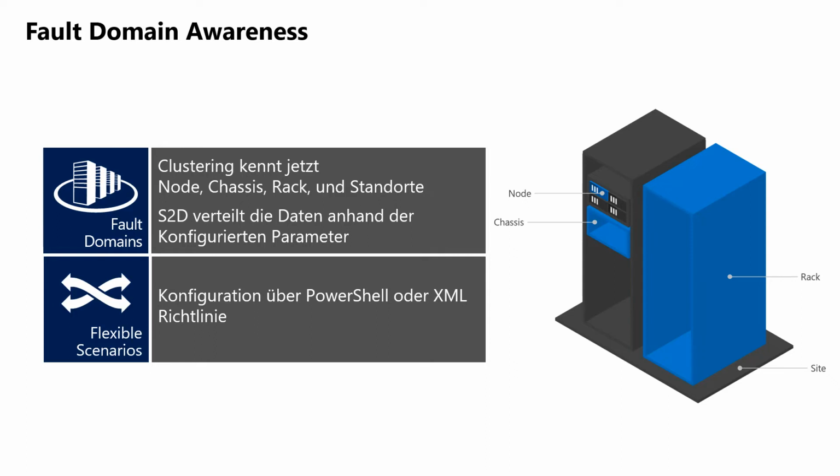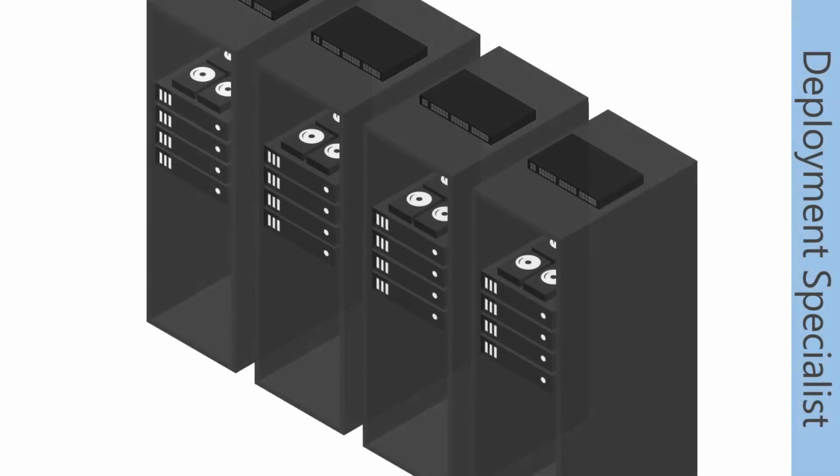When we build, let's say, a rack fault domain awareness, we can build something like this. We have 4 racks, and in each of these 4 racks we have 4 servers. This is the maximum configuration for a Storage Spaces Direct cluster, also in Azure Stack HCI. So maximum 16 servers in this cluster.